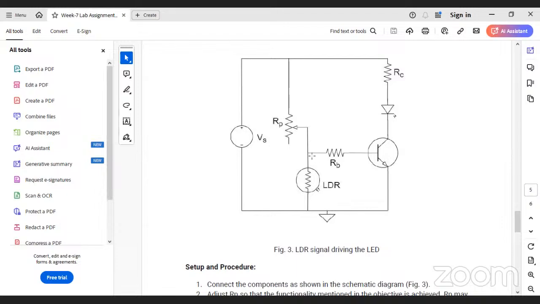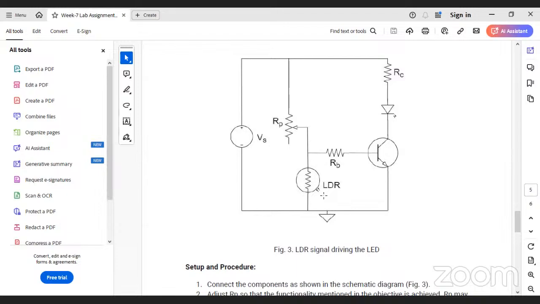No, it will flow through RB, right? There will be a voltage drop and also a current here, and here also there will be a voltage drop. So current will flow anyway, but the value of current will change depending on the value of the variable resistance, that is the LDR. The LDR acts as a variable resistance, because it changes depending on the intensity of light.